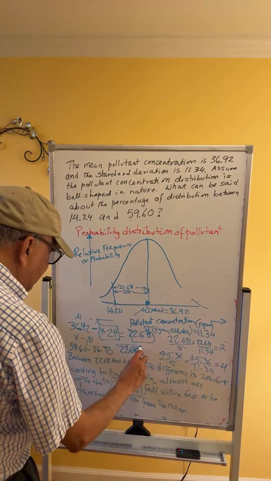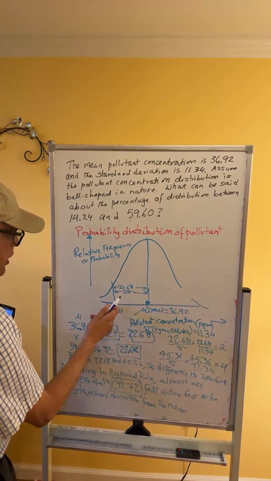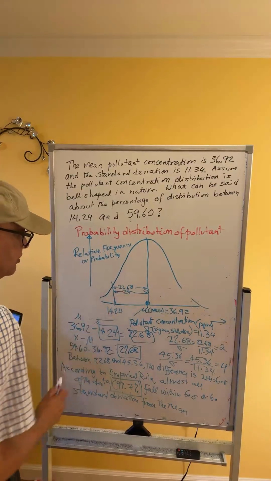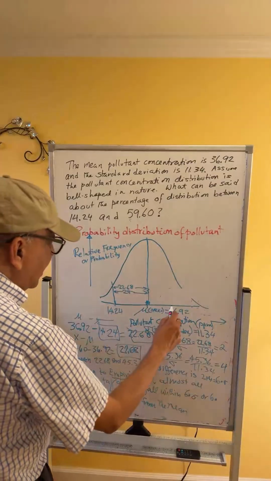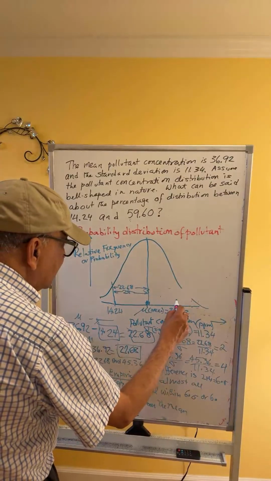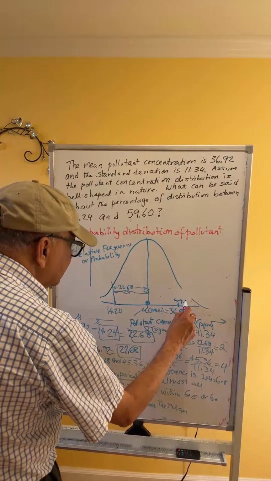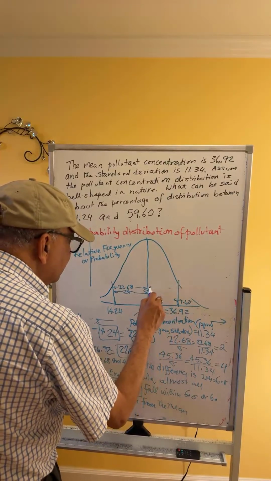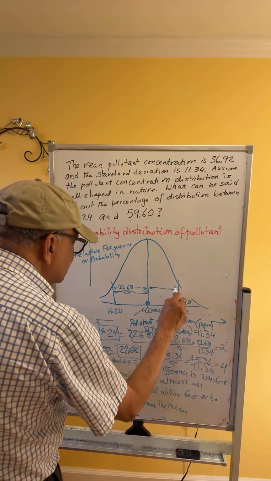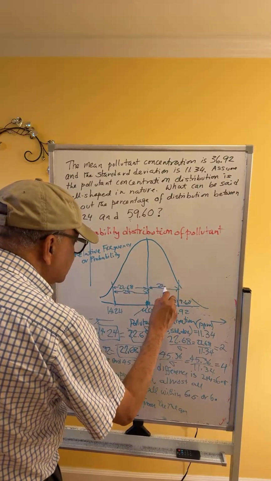This is important. This point is located 2 standard deviations below the mean. This other point, 59.6, is somewhere over here, and is also located 2 standard deviations from the mean. This distance is also 22.68.